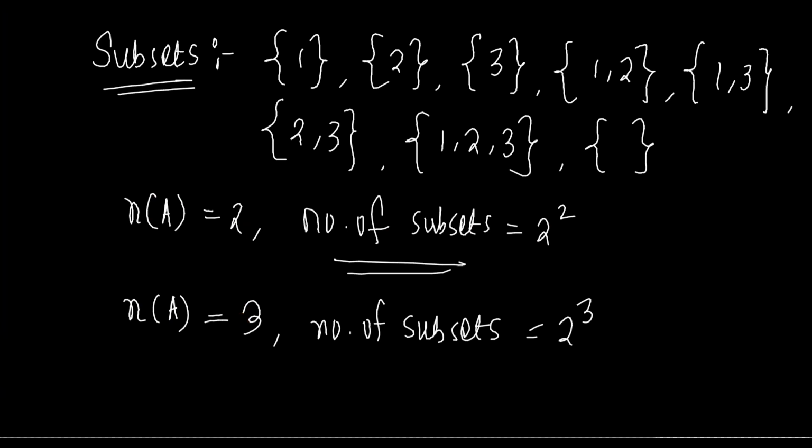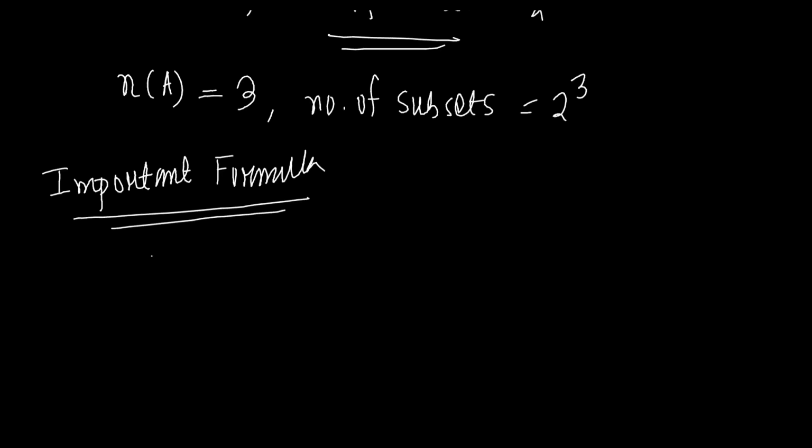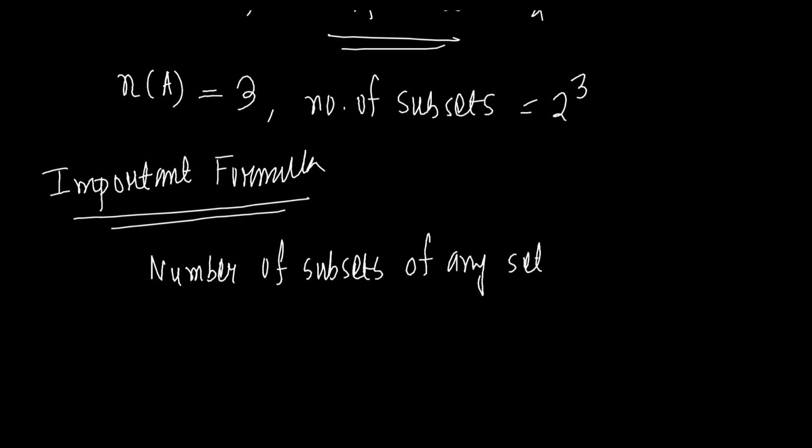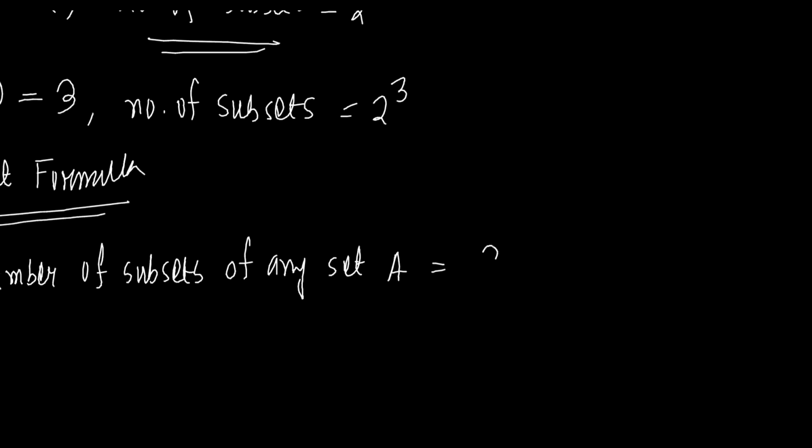So from this we can understand an important formula: the number of subsets of any set, suppose the set is A, is equal to 2 to the power of the cardinal number of that set, that is, the number of elements present inside the set.